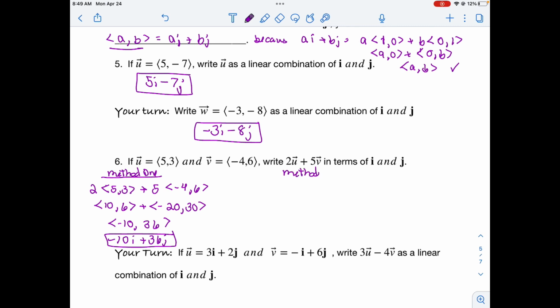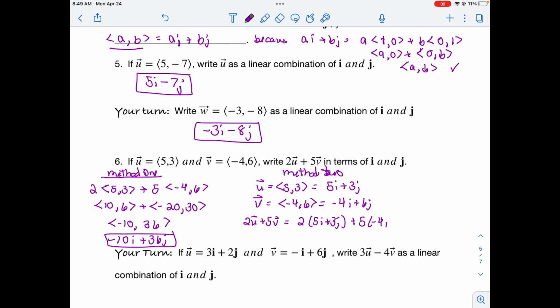Method 2 is to convert the given vectors into linear combinations of i and j first, and then do the mathematics. So vector u can be written as 5i plus 3j, and vector v can be written as negative 4i plus 6j. And so this becomes 2 times vector u, replacing that u with 5i plus 3j, plus 5 times vector v, and in place of vector v, write negative 4i plus 6j.